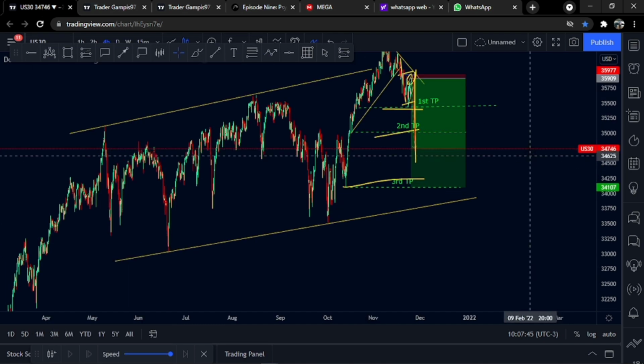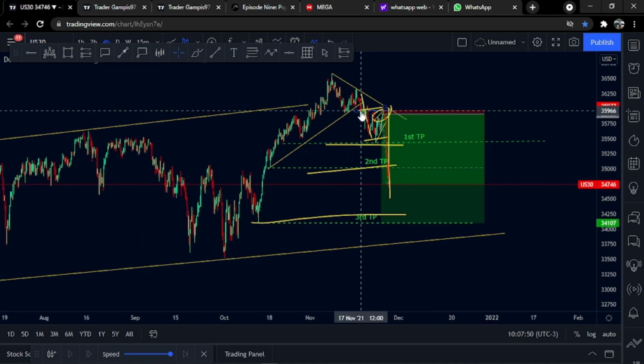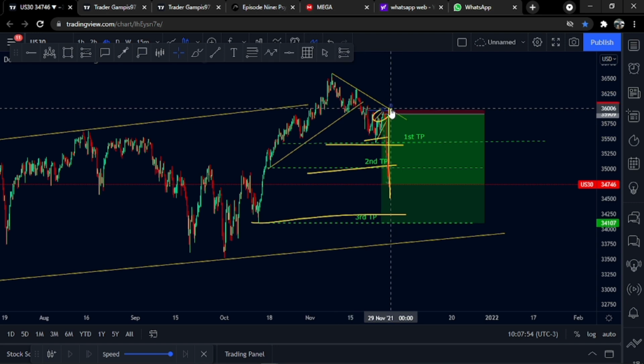If you check the previous video, you will see how we were able to anticipate and analyze this big movement to the downside. So everything played out exactly as anticipated.